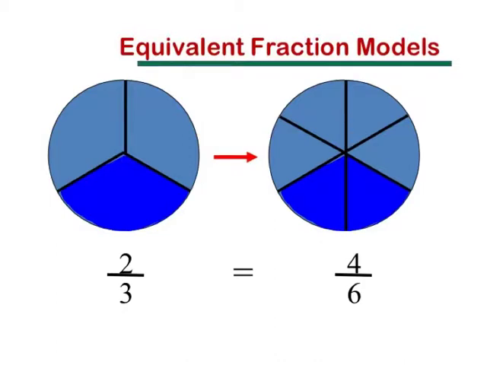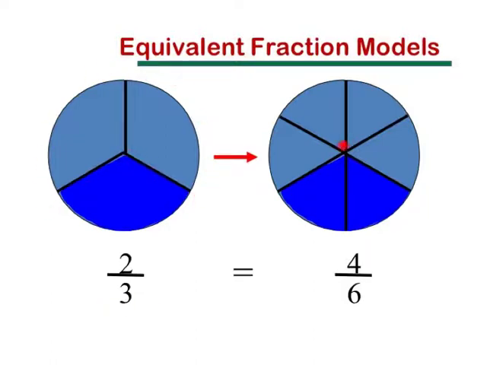Let's look at one more example. Here we have pizzas that are divided into, on the left side, 3 equal pieces, and on the right side, 6 equal pieces. The light blue pieces are the ones that we have left, and the dark blue are the ones that are gone. So here we have 2 out of 3 left, so we have 2/3.